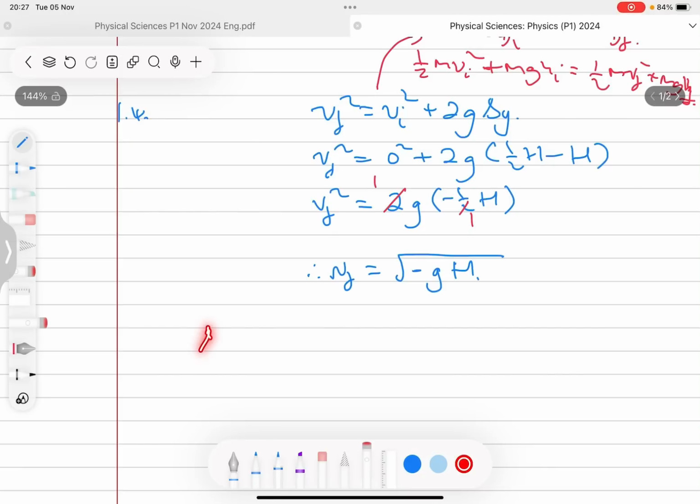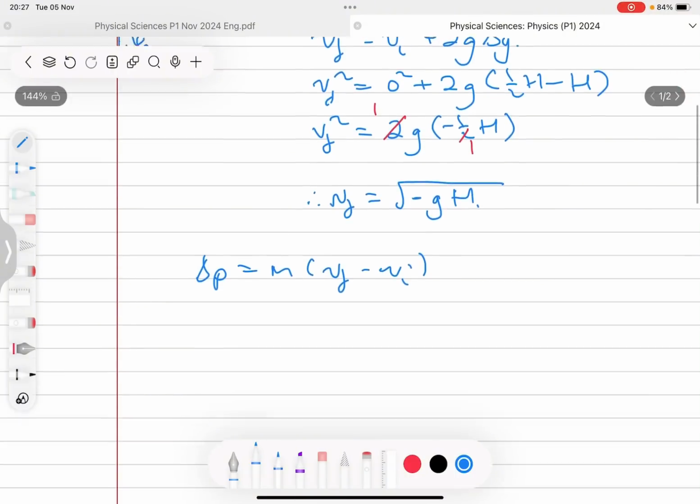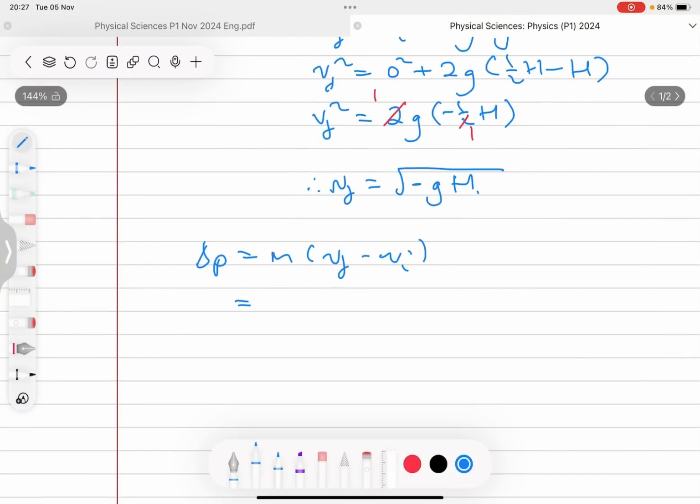Now, at this stage, we employ our equation of change in momentum, which is given by m times v final minus v initial. Now, this gives us the m, and here we have the root of negative gh minus 0.